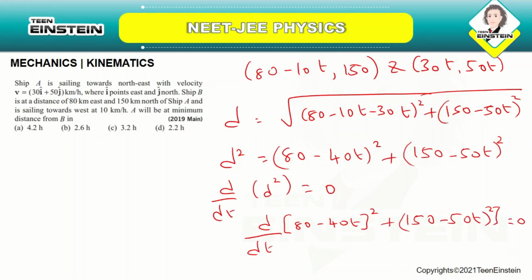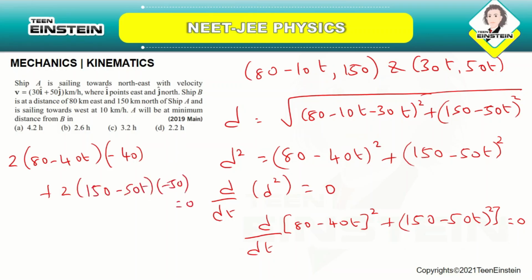So, if you solve this, you will be getting 2 into (80 minus 40t) into minus 40 plus 2 into (150 minus 50t) into minus 50 is equal to 0. When you solve this, you will be getting the t value as 2.6 h. It is simple mathematics, you can solve it and you will be getting the value as 2.6 h. So, the correct answer is option number B, 2.6 h.